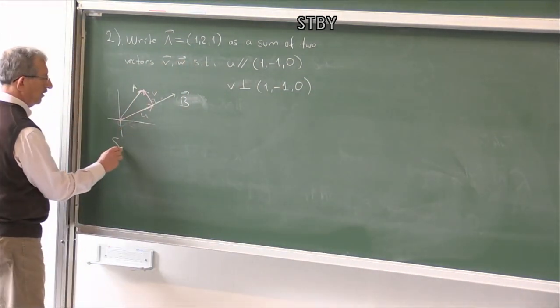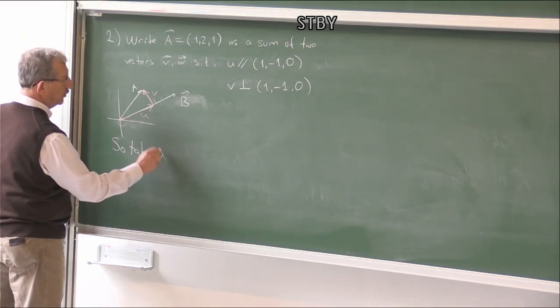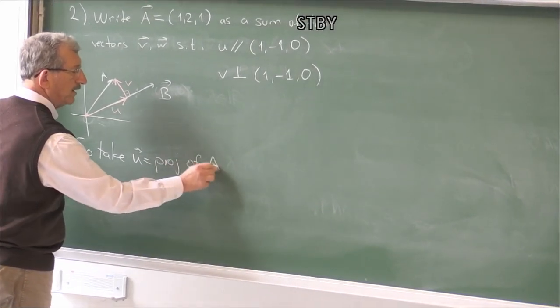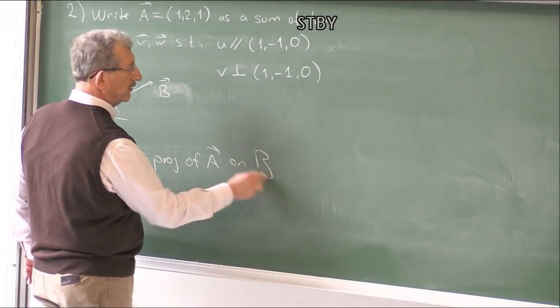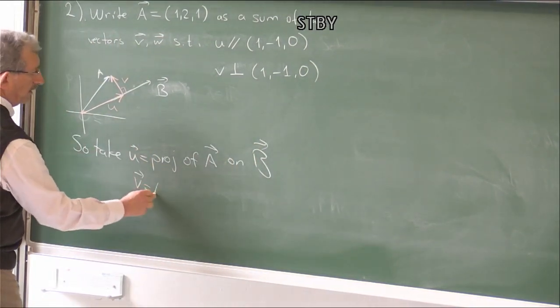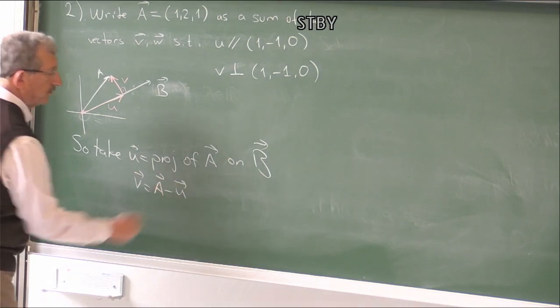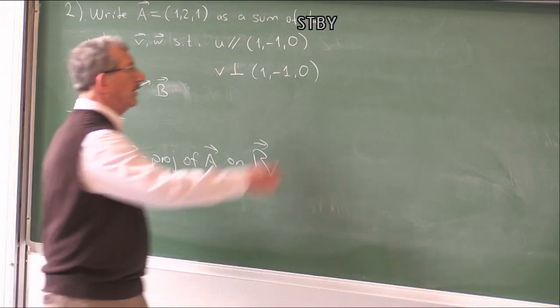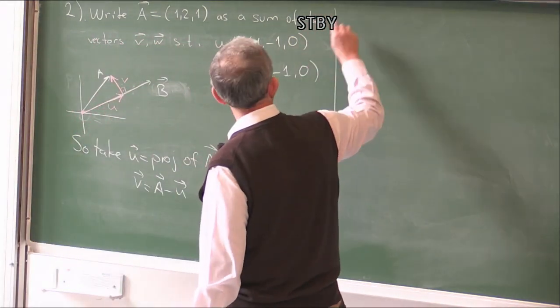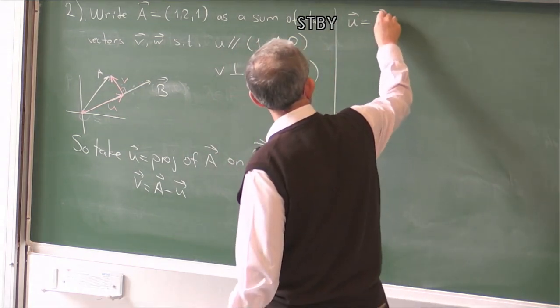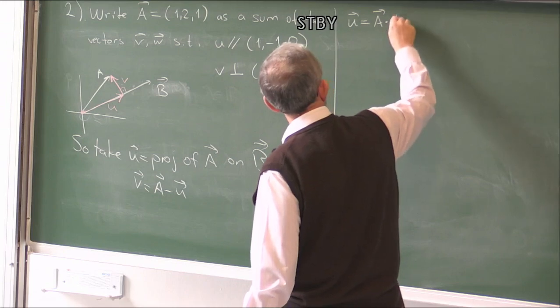So take U to be the projection of A on B, and of course take V to be A minus U. Then A minus U will be just this V in the picture. So the whole thing is to calculate the projection, and thus U will be (A dot B) over the length of B squared times B. Let me write it in the open form.